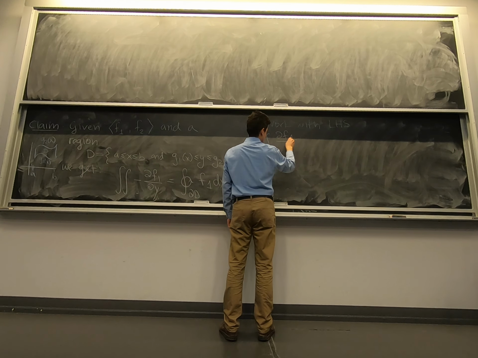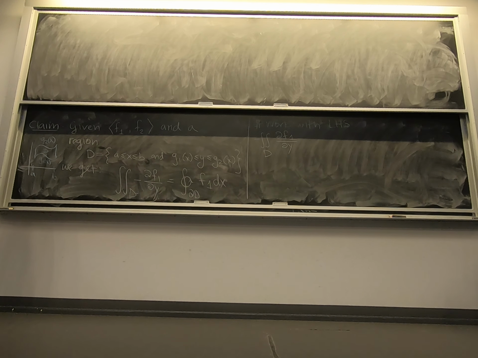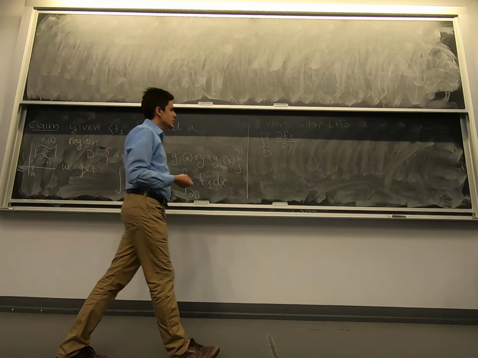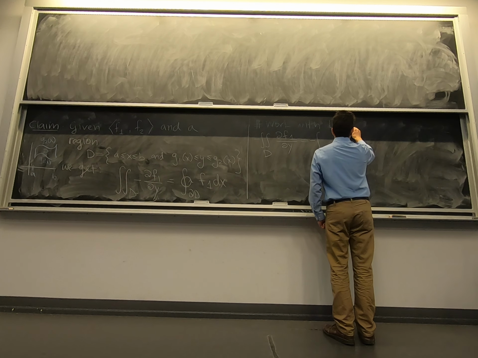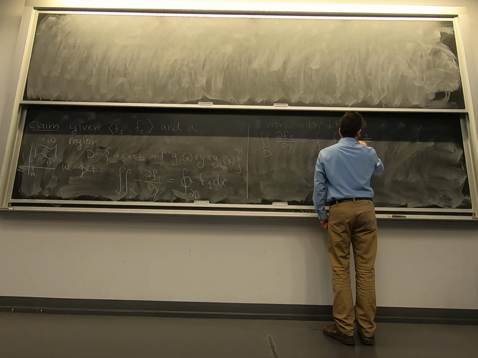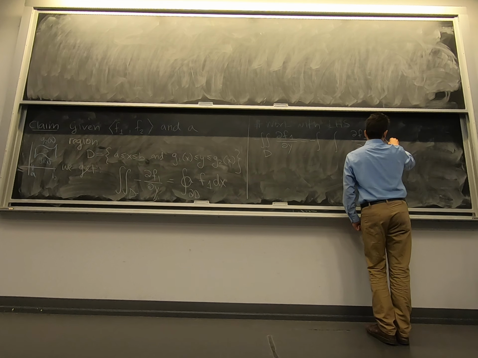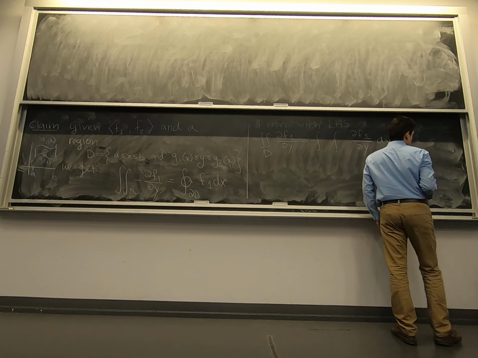So we've got this integral over the region D, and we can choose what order to integrate things in. We can choose to say that this is something that we're integrating in dy, so we integrate y first.